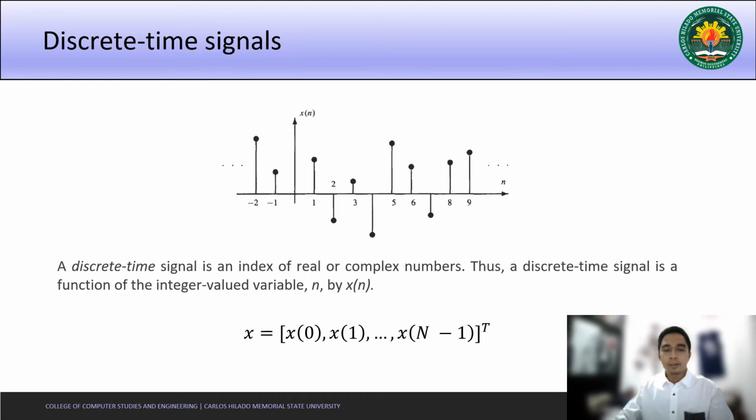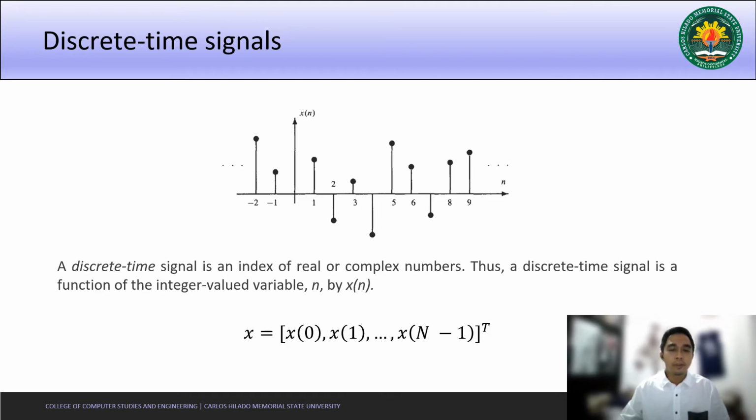So what is the discrete time signal? A discrete time signal is an index of real or complex numbers, a function of an integer valued variable n, written as x of n. Inside x, you could see these values.